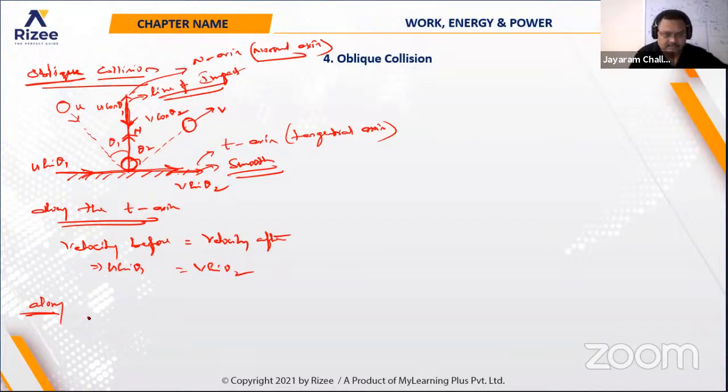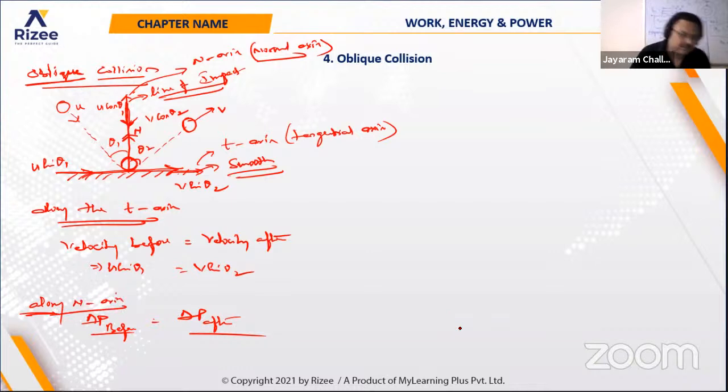That means the change in momentum before collision is equal to the change in momentum after collision. This happens along your n-axis, and if you have the coefficient of restitution, that will also be valid along the n-axis.